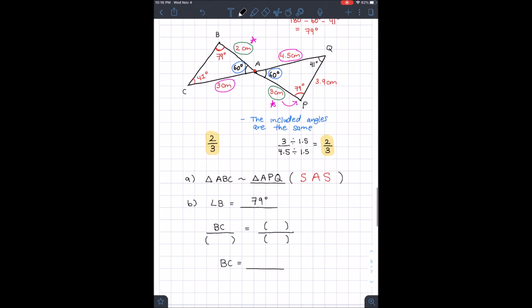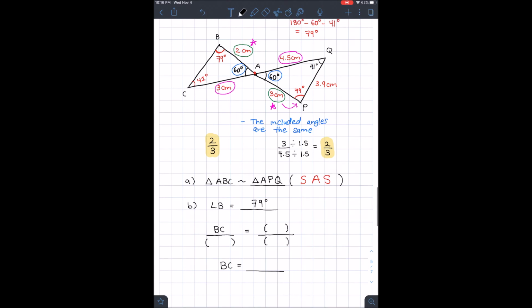Okay, so now let's do the second part of filling the blanks. Here it's asking us to write fractions for the similar triangles, or a ratio. We have BC in the numerator, and then blank in the denominator is equal to blank over blank.